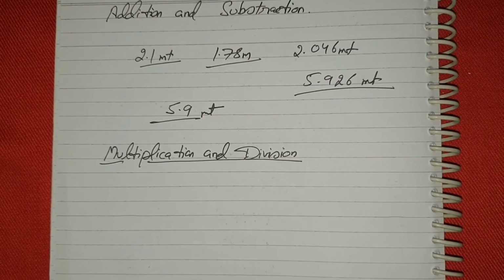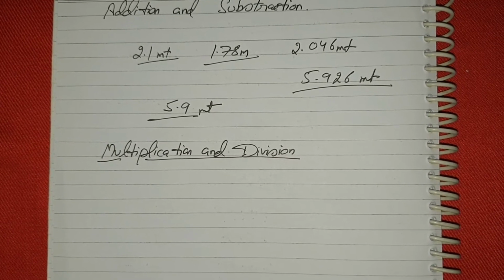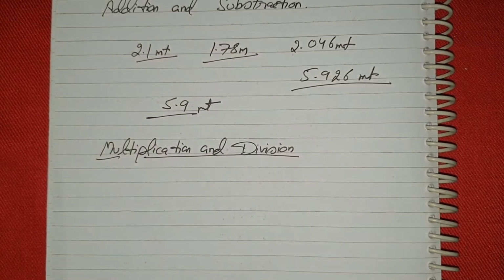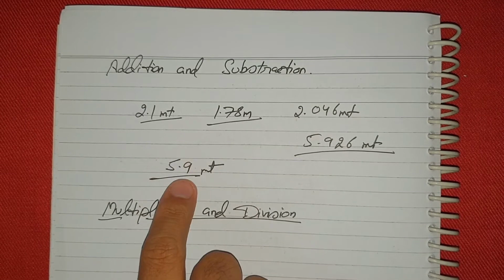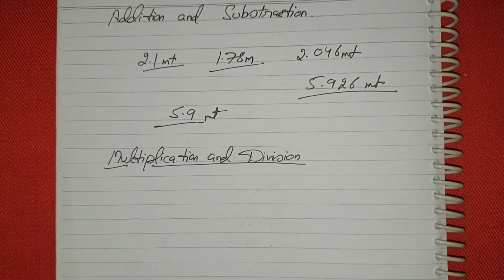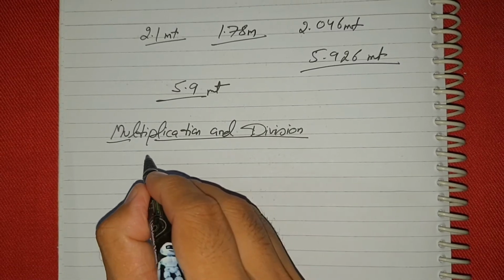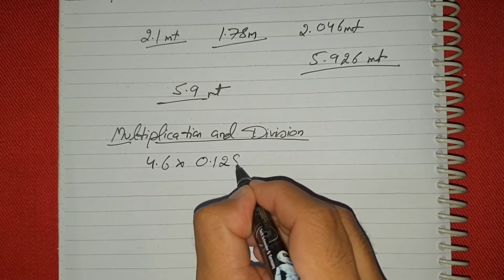Now multiplication and division. In multiplication and division, the number of significant figures in the product or the quotient is the same as the smallest number of significant figures in any of the factors. Same as addition and subtraction, the final answer should be given in the significant figures equal to the least number in any one of the given numbers. Now suppose we are multiplying two numbers like 4.6 into 0.128.